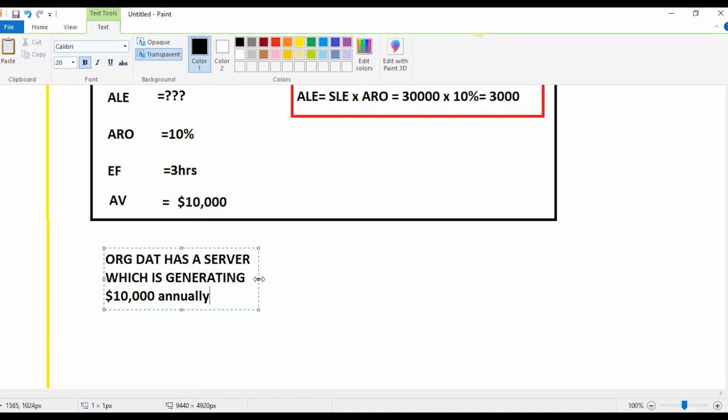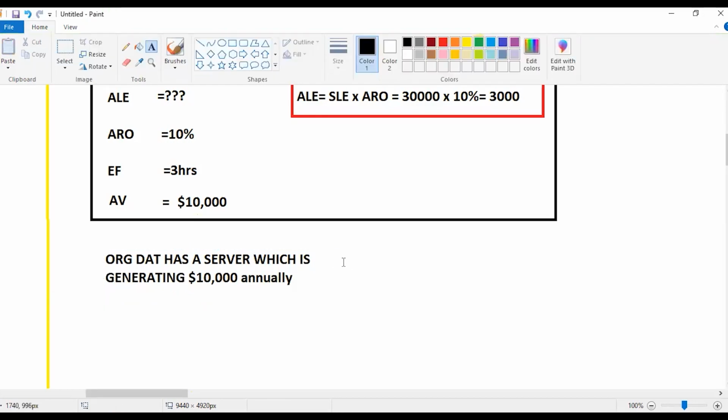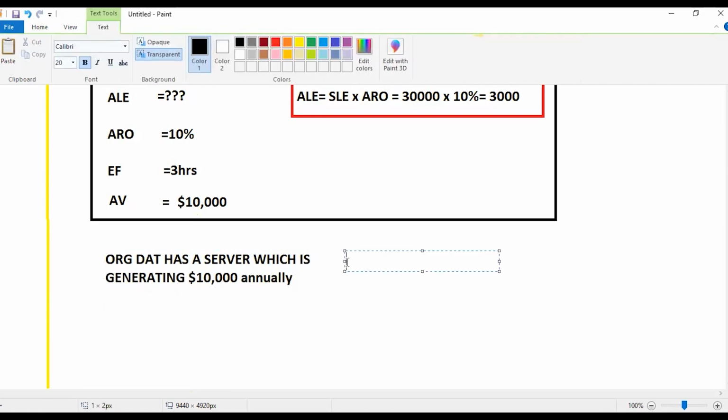So this is the profit which you are making annually through that server. Let's just say because of some failure due to some technical issues, we're gonna face downtime. Our server will be down, in an off state, for 3 hours.